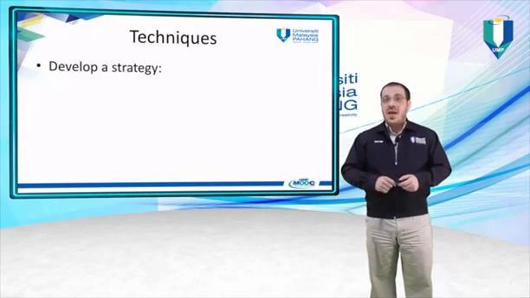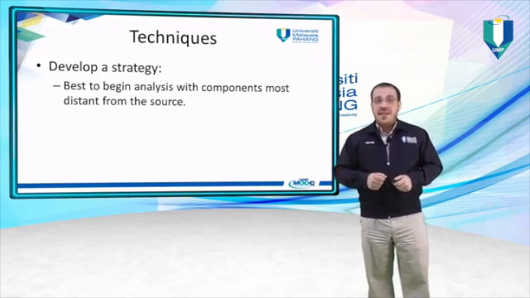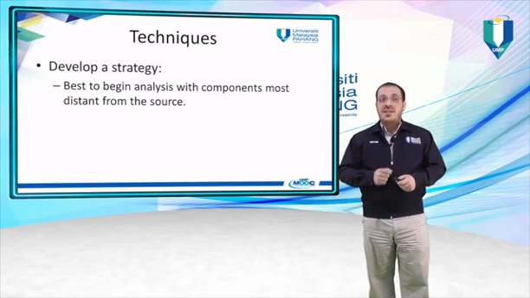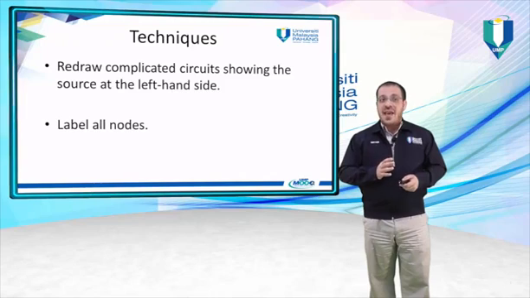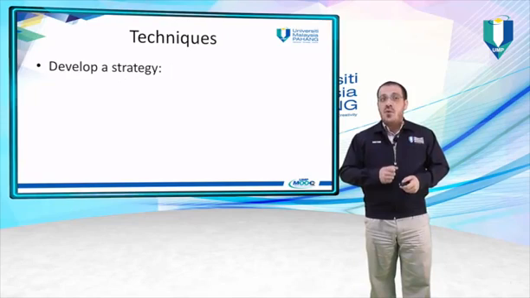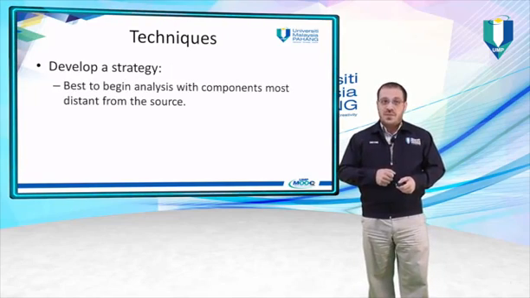Always develop a strategy to solve the problem. It is best to begin analysis with the components most distant from the source. So again, we put the source at the left hand side, redraw complicated circuits, label all nodes, and start with the components most distant from the source.